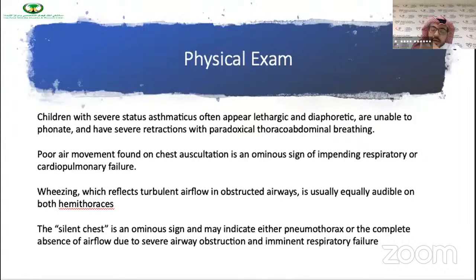Unilateral wheeze you should pay attention to, or consider other causes, as we mentioned earlier, such as foreign body or isolated bronchoalveolar malacia. The silent chest is an ominous sign, which may indicate either pneumothorax or complete absence of airflow due to severe airway obstruction with respiratory failure.